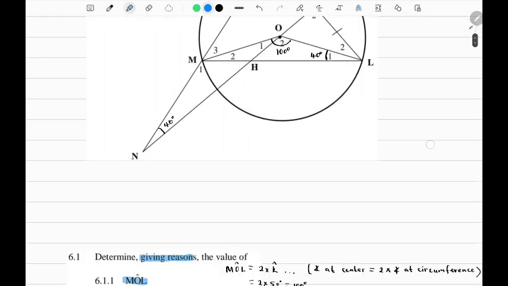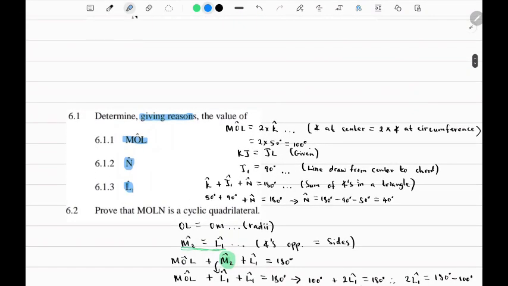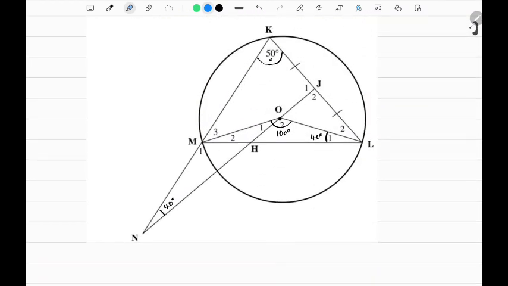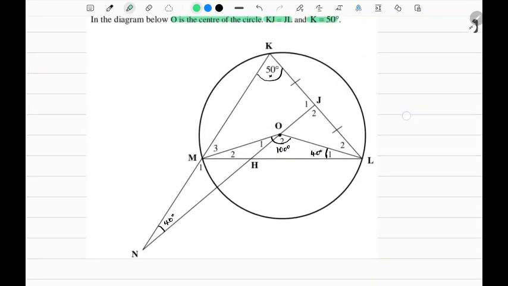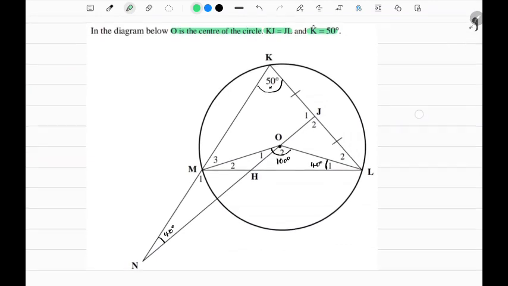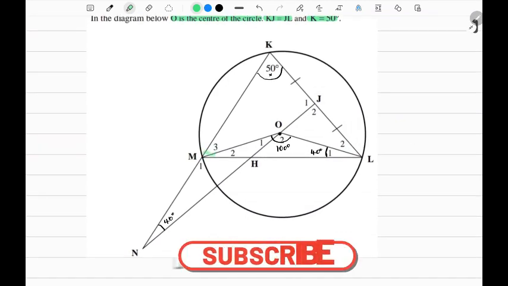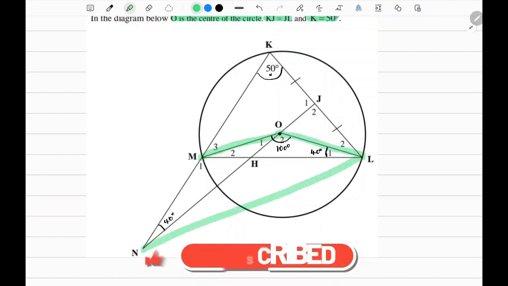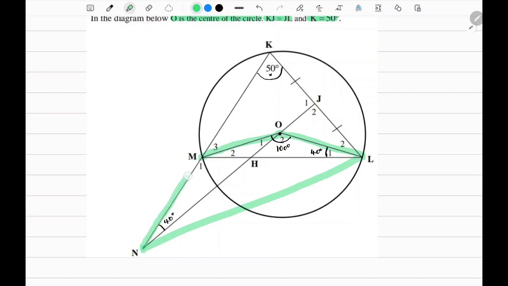Moving on to the next question: prove that MOLN is a cyclic quadrilateral. Let's identify MOLN on the sketch. We need to prove that this quadrilateral is cyclic.